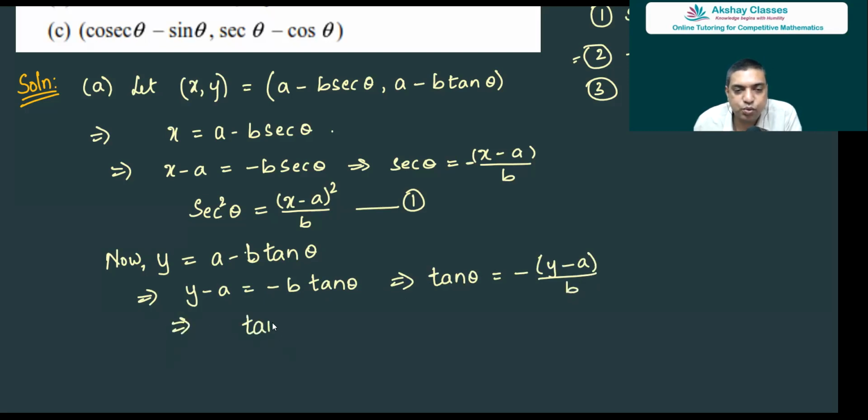So tan square theta will be (y minus a) the whole square upon b square. So this is 2.